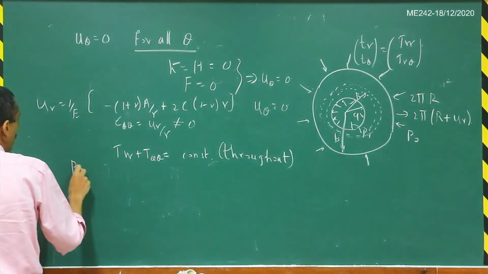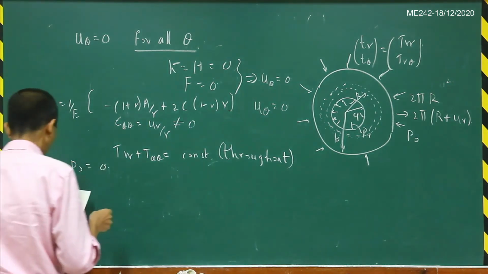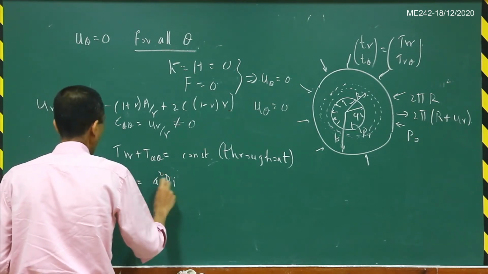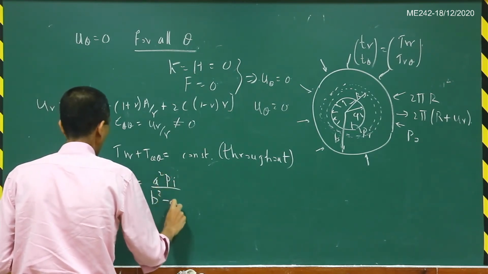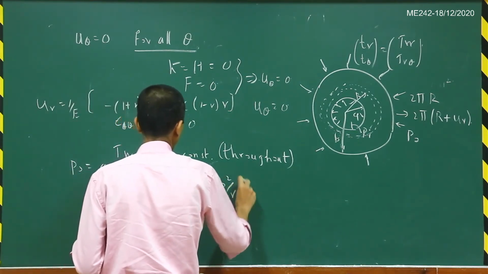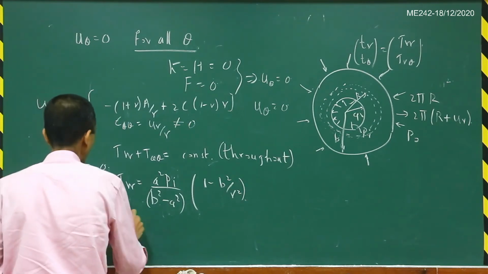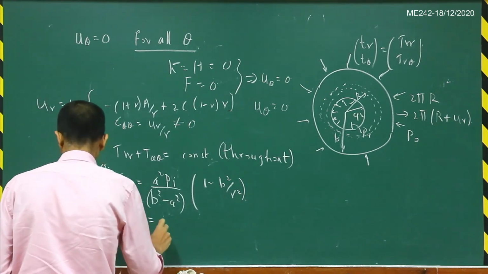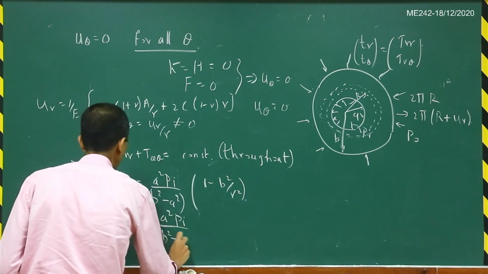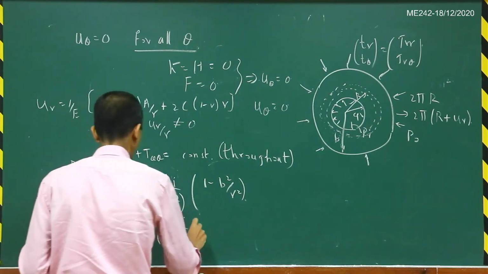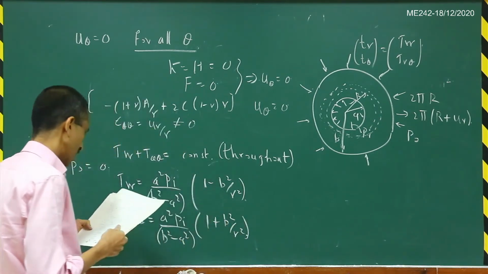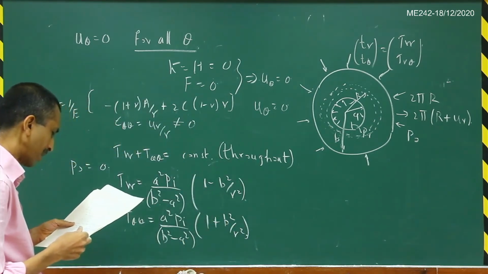With P naught equal to 0, tau RR is equal to A square Pi divided by (B square minus A square) times (1 minus B square by R square), and tau theta theta is equal to A square Pi divided by (B square minus A square) times (1 plus B square by R square). This is the expression that you get in this particular case.